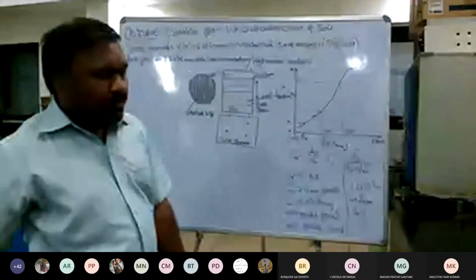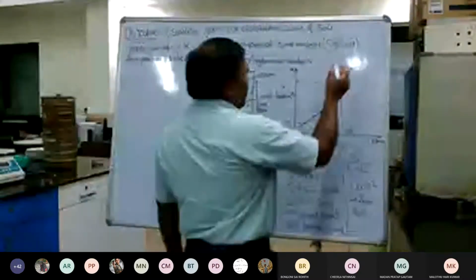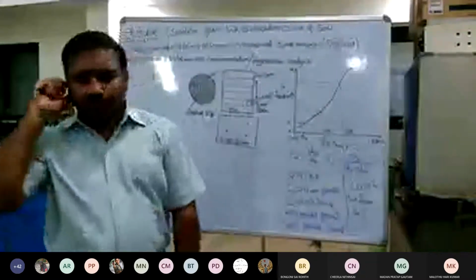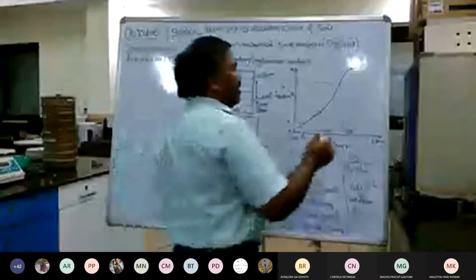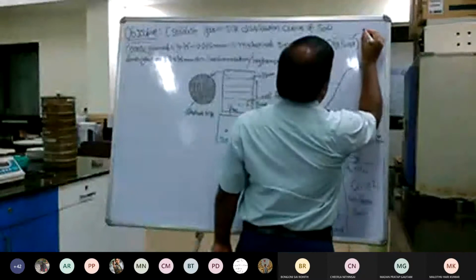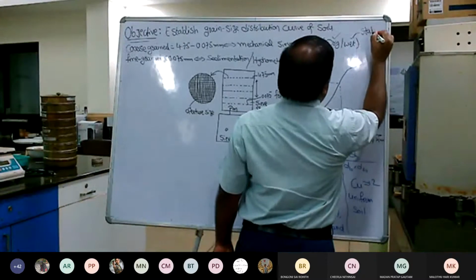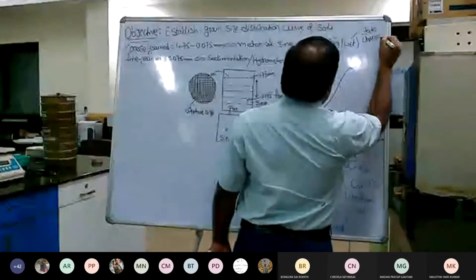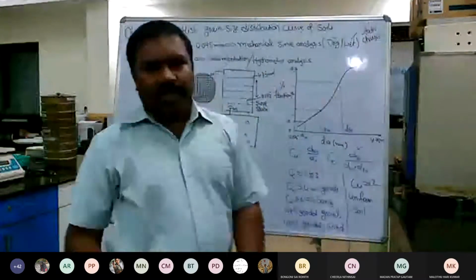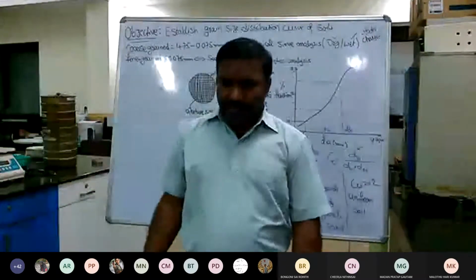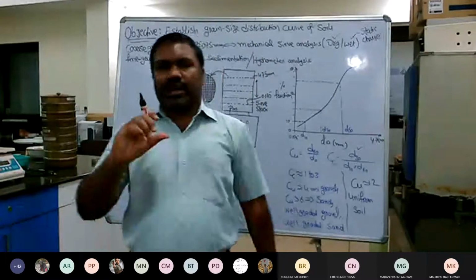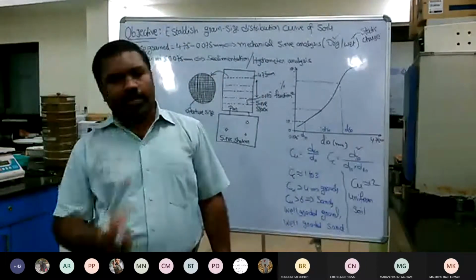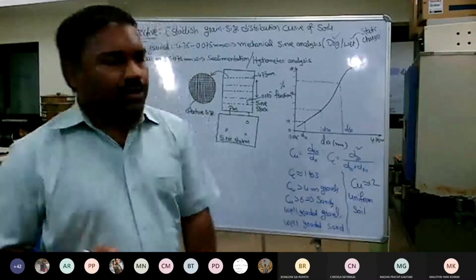There are other reasons also. Another reason for going for wet sieve analysis is that sometimes when the particles are so small, they exhibit some kind of static charge. Because of this static charge, the particles agglomerate themselves. When they agglomerate, this entire agglomerated particle will be reflected as a single particle, which is misleading.